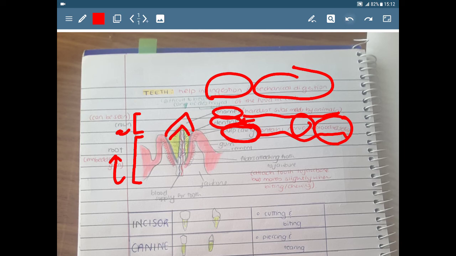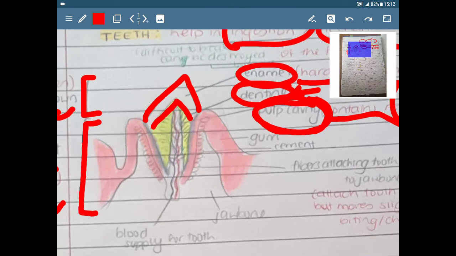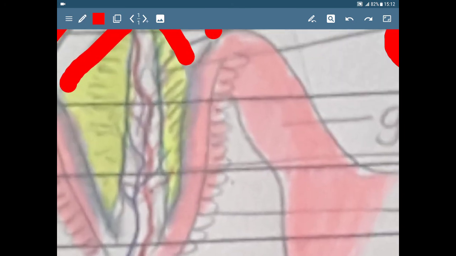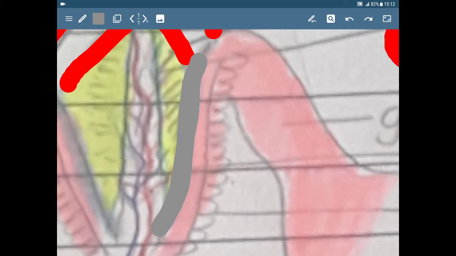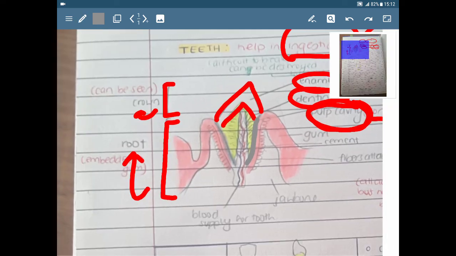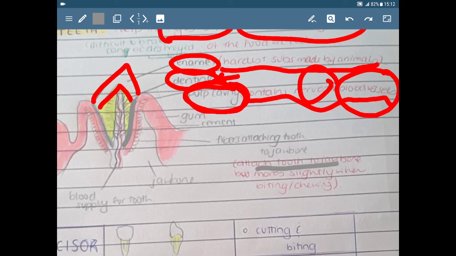Okay, now cement is important. You see, I colored this with a kind of grayish color. This is really important. This is cement. I wrote it over here also. It attaches tooth to jawbone, but moves slightly when biting or chewing.